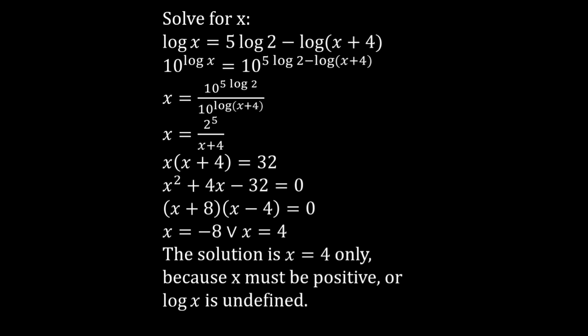X squared plus 4x minus 32 equals 0. X plus 8 times x minus 4 equals 0. X equals minus 8 or x equals 4. But the solution is x equals 4 only, because x must be positive or log x is undefined.